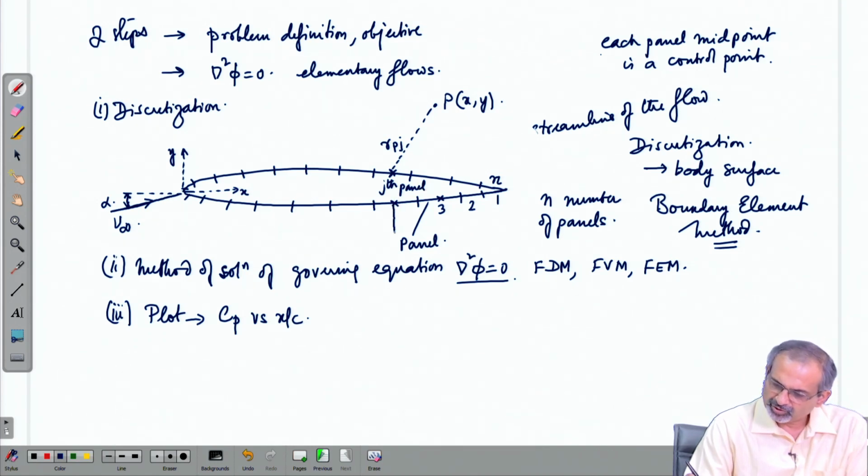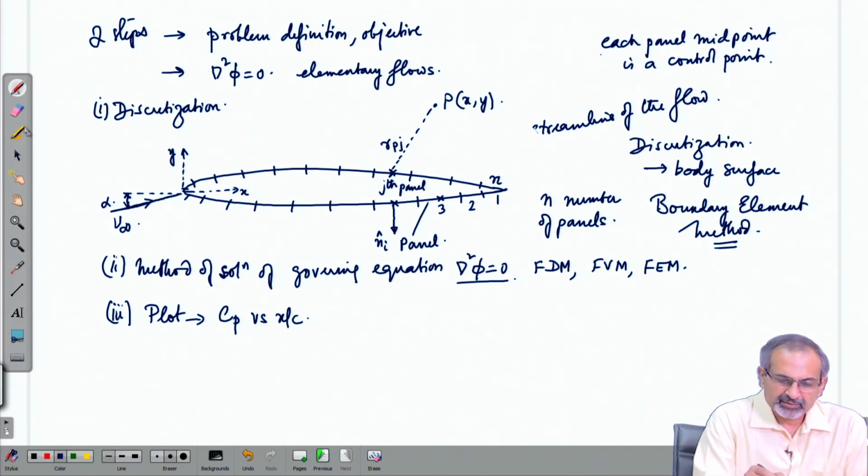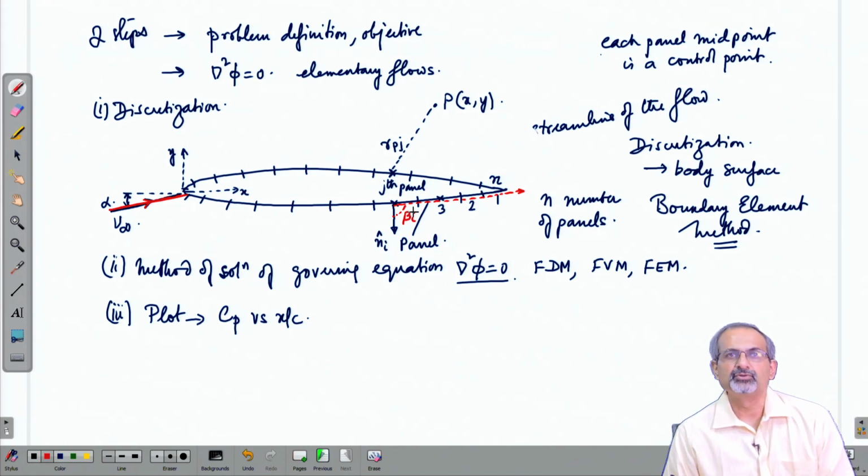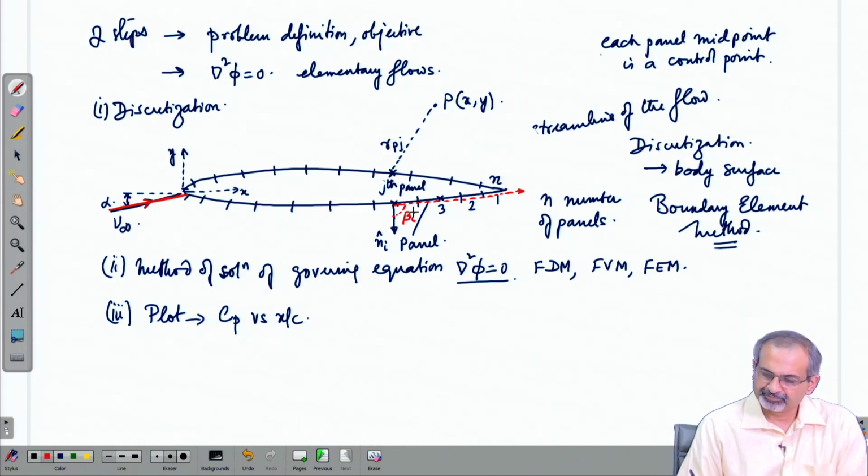You can draw the unit normal vector to that ith panel at its midpoint, and then sketch the local free stream direction, which is essentially going to be parallel to this direction, and we will mark an angle beta i. We will make use of that angle later on in the formulation.